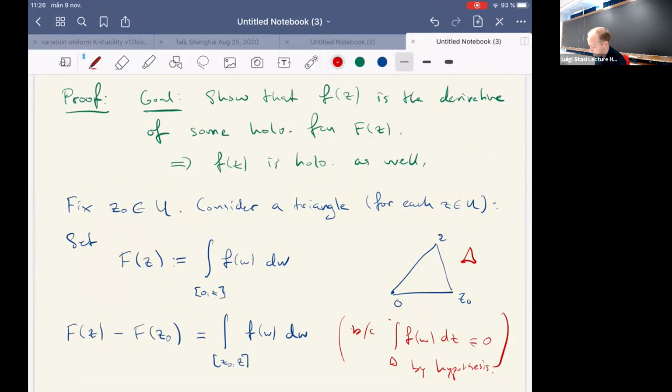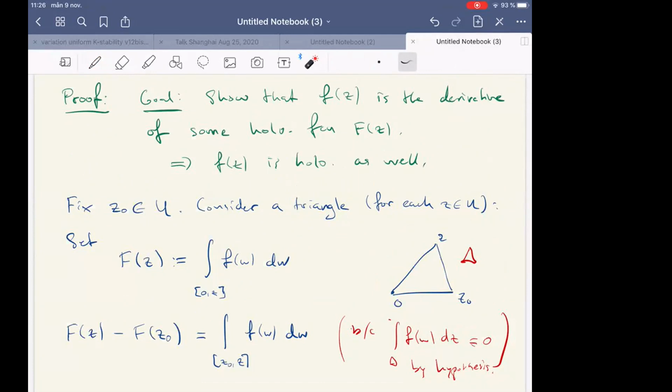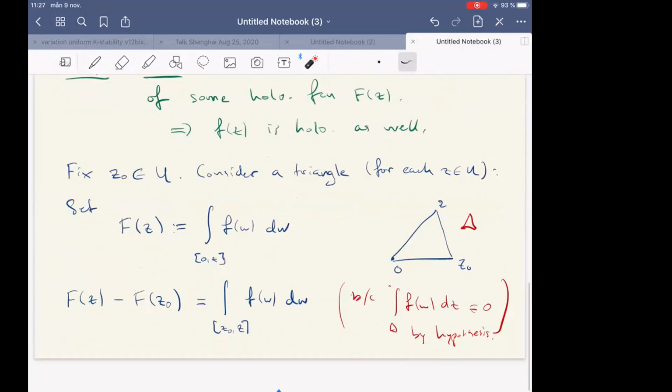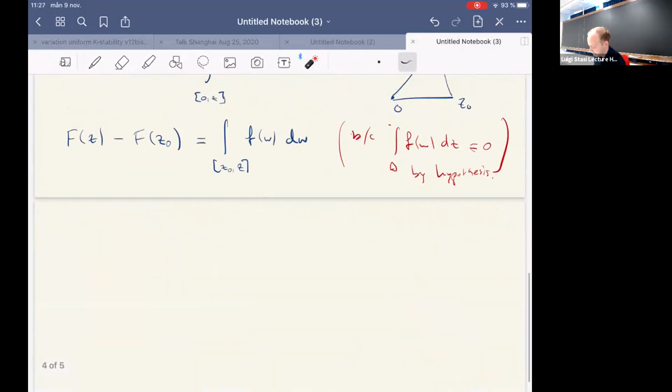Exactly. This is a very local picture: we are just looking in some very small neighborhood where we're in U, which is an open connected set. So we can always work inside a very small disk, and everything is nice there and everything goes through.